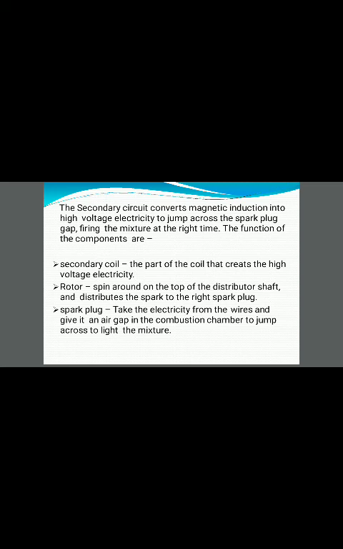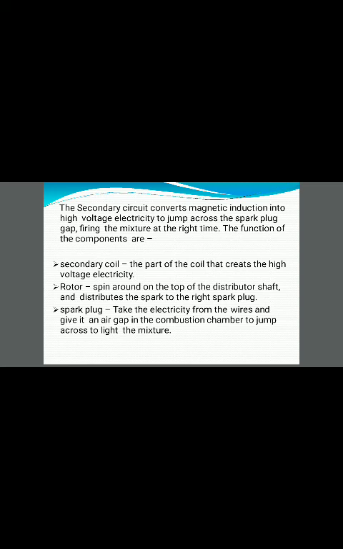Now the functions of this secondary circuit: the first is the secondary coil. The secondary coil is the part of the coil that creates the high voltage electricity. So in the battery ignition system, the secondary coil is used to create the high voltage electricity. Then comes the rotor.